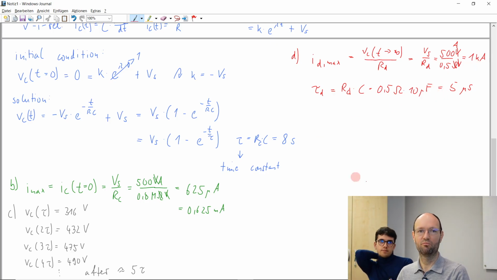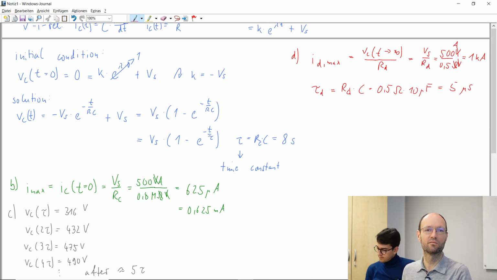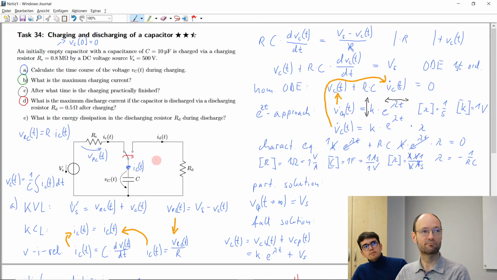But yeah, we have built some circuit. What could be some practical use of the circuit? We have, let's say, a weak source, a source with a rather large inner resistance. It takes quite a long time to charge.